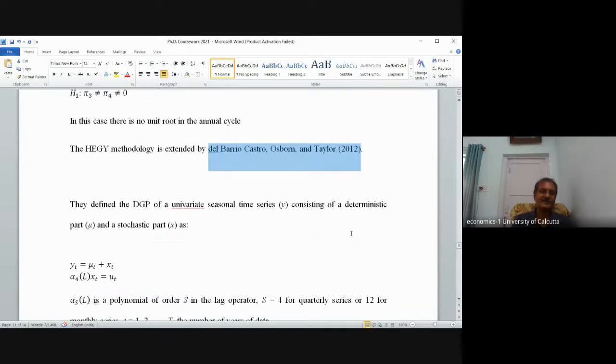So how to express? So now we discuss the HEGY test. The test is the same, null hypothesis, alternatives are the same, but the techniques, the steps are somehow a little different.